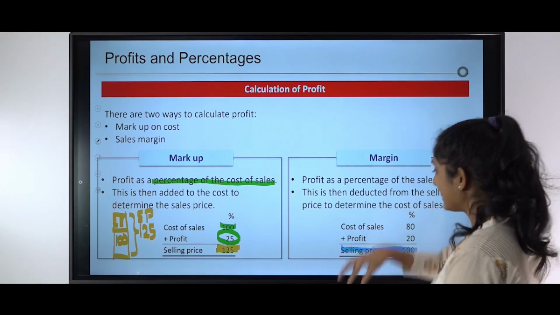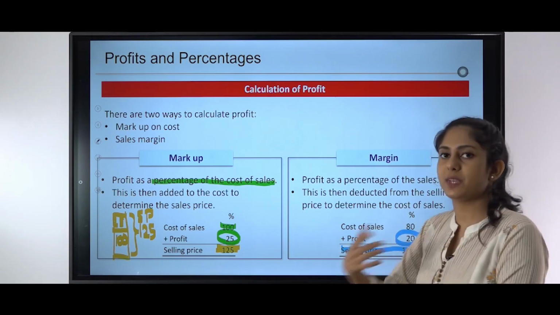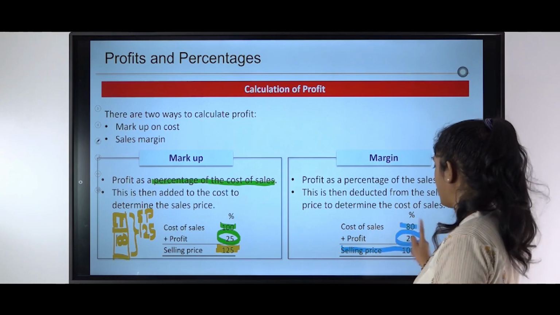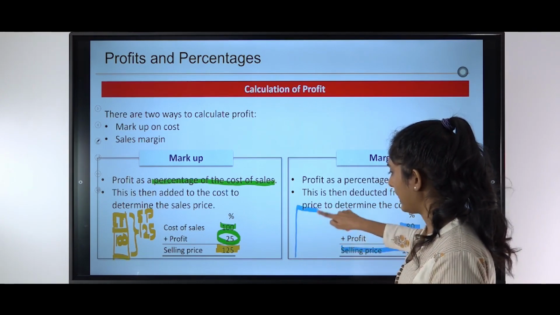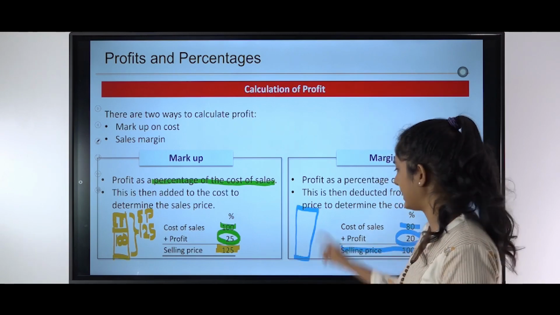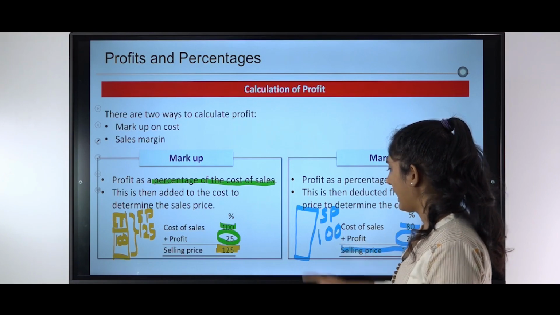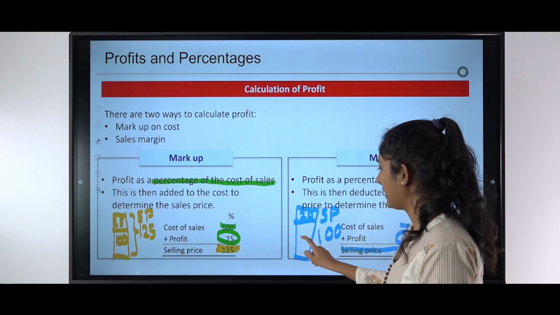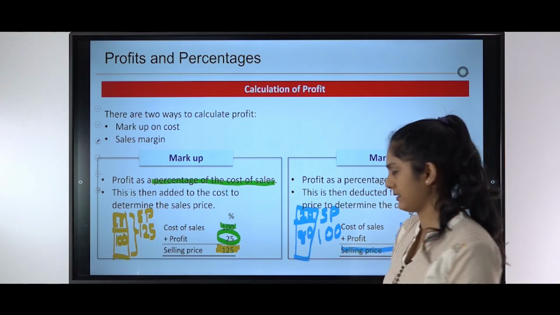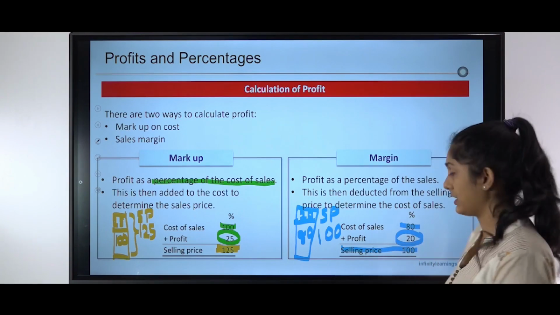Inside the 100, you have a profit of 20, which means the remaining 80 is your cost. If I take a whole box as my selling price of 100, within that this is my profit of 20 and cost of 80. So these two together make my entire selling price of 100.